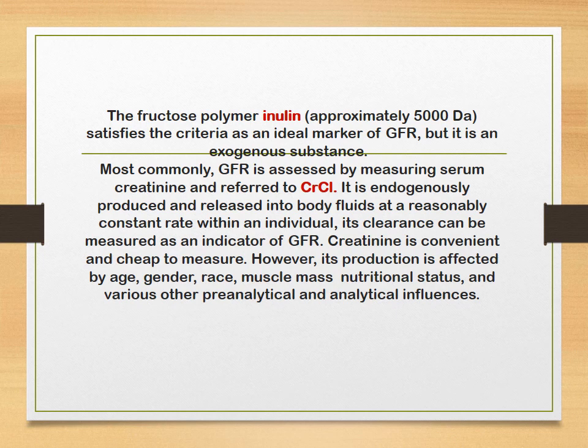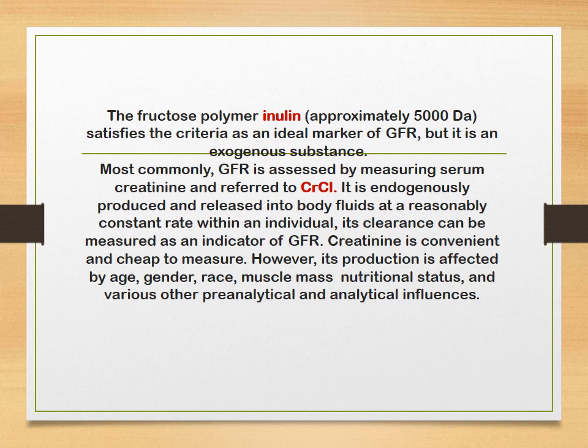The marker most commonly used in routine work for glomerular filtration rate is serum creatinine, referred to as creatinine clearance. Creatinine is an endogenous substance, usually completely filtered by the glomerulus and never reabsorbed, and its formation from creatine is measured at a constant rate, so it is a marker of glomerular filtration rate.